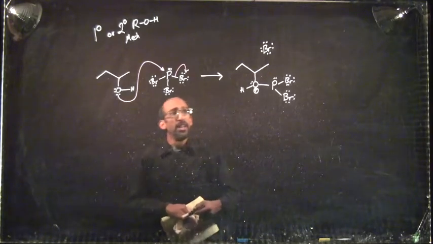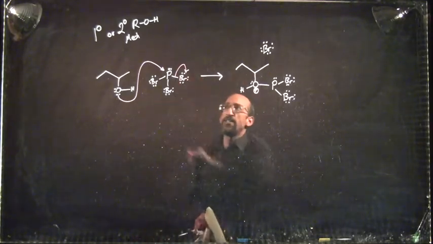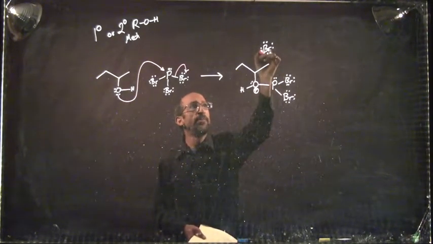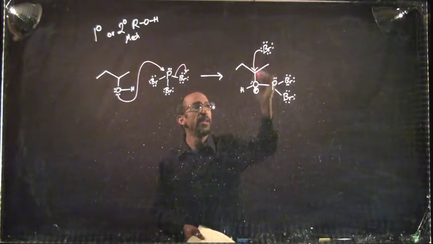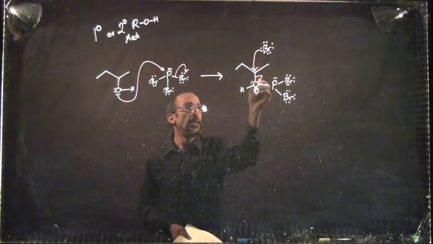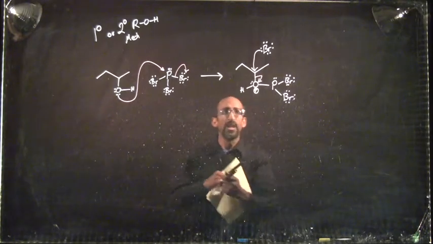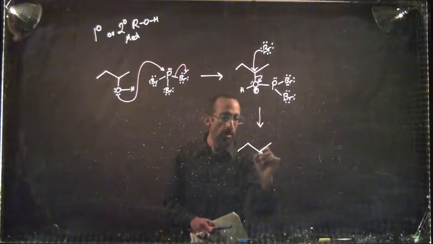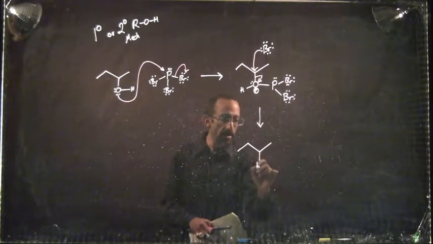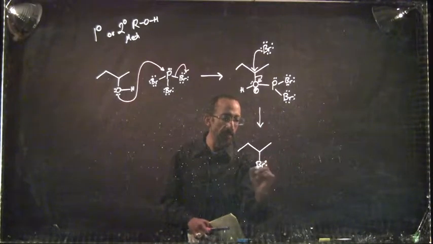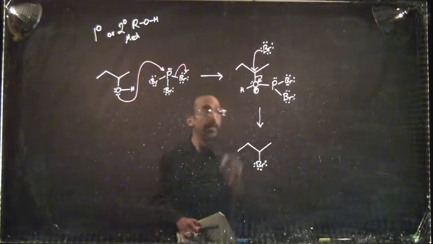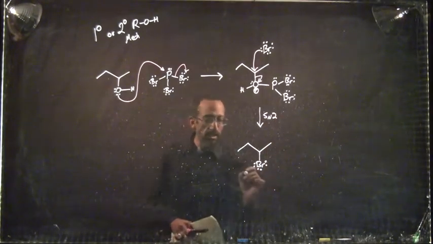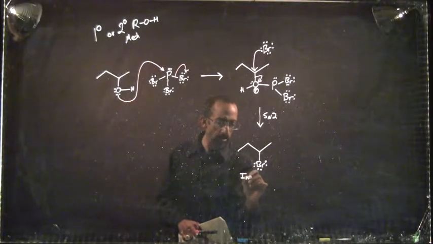And finally, the bromide, for our primary and secondary alcohols, can now come and attack in SN2 at this electrophilic carbon, displacing that oxygen to give us our final products. We now have our alkyl bromide. Because this is an SN2 process, this product is formed with inversion of stereochemistry.